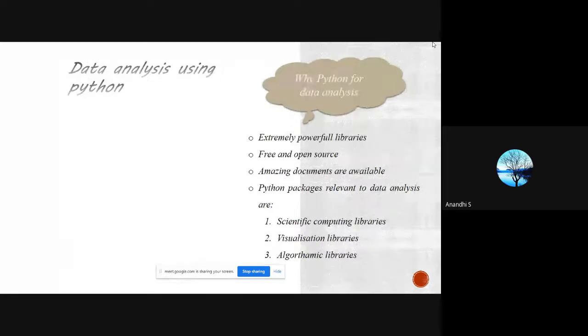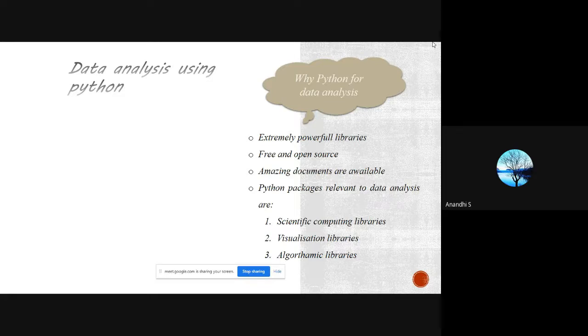I have used the Python programming language for data analysis. Why Python for data analysis? It has extremely powerful libraries, it's free and open source, and amazing documentation is available. These are the Python packages relevant to data analysis.